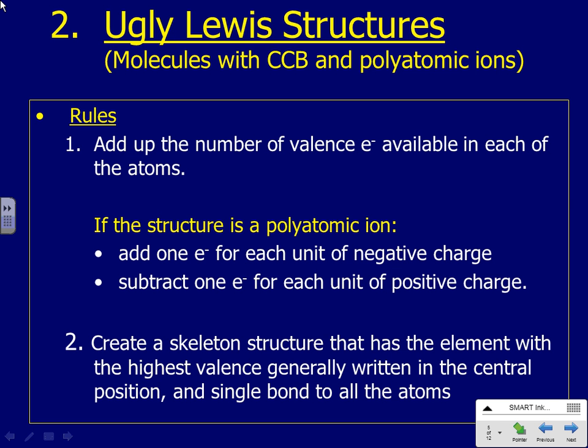The skeleton is only made up of single bonds, with the atom with the highest valence at the center. Now, this doesn't make a lot of sense right now until we actually get doing it. That's why I put these rules on a short form off to the side, so that when we start to do them, we can always make reference back to the rules. So we count them all up, then we make a skeleton structure. The skeleton's made up of only single bonds.